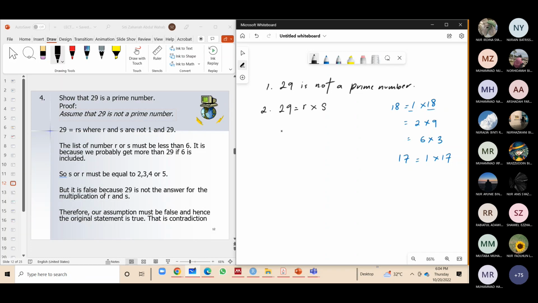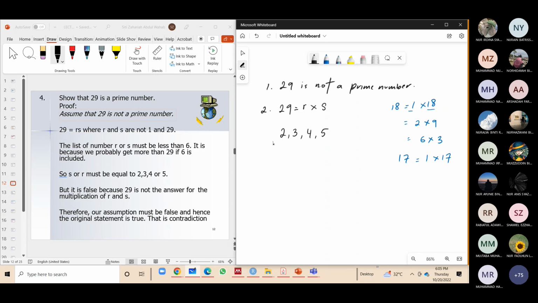Let's say 2, 3. Why do I start from 2? Because prime numbers start from 2, and we cannot use 1 and 29. So 2, 3, 4, 5. We don't take 6. We stop at 5 because 6 times 5 is 30, which already exceeds 29.